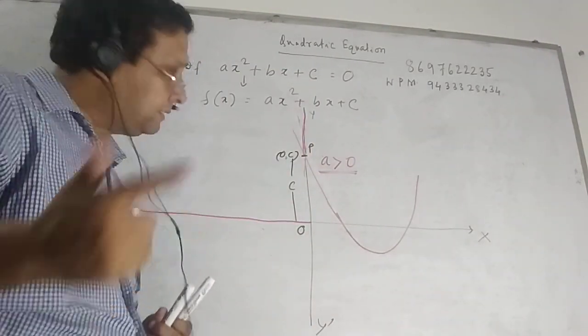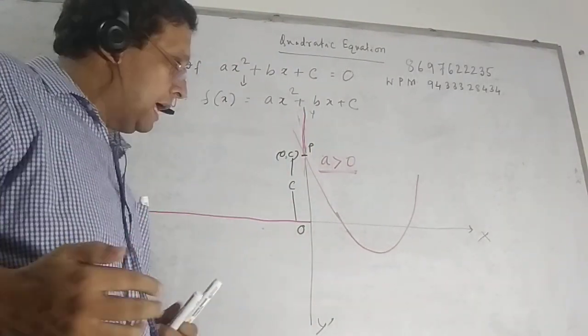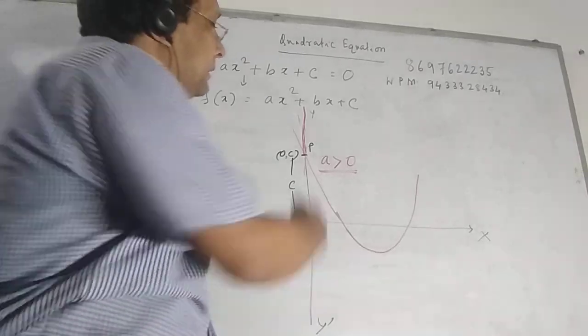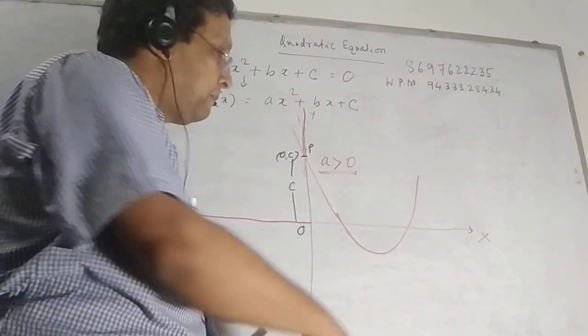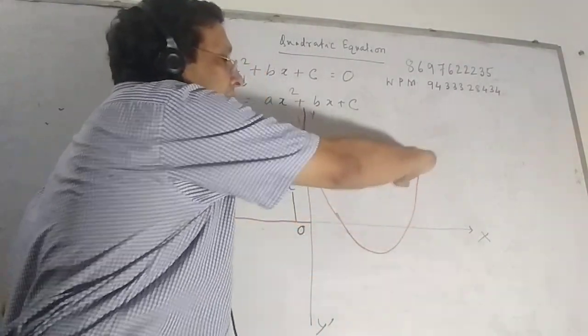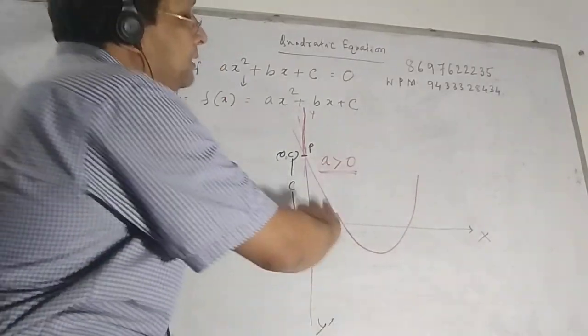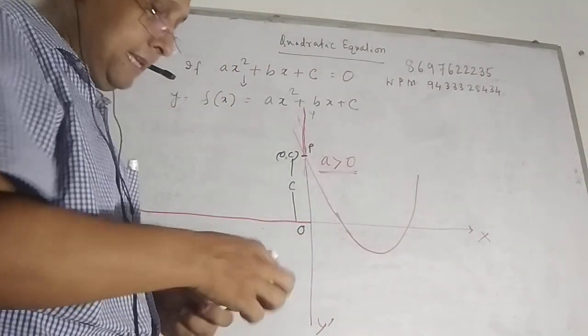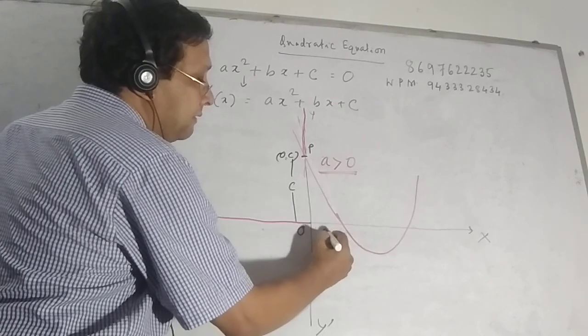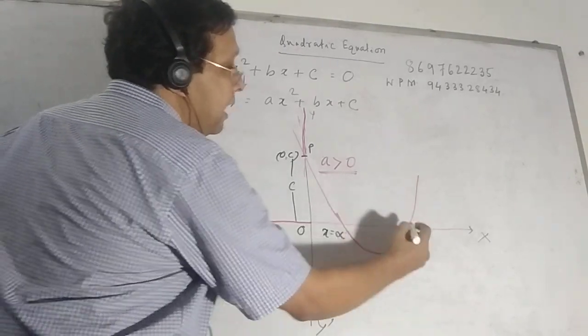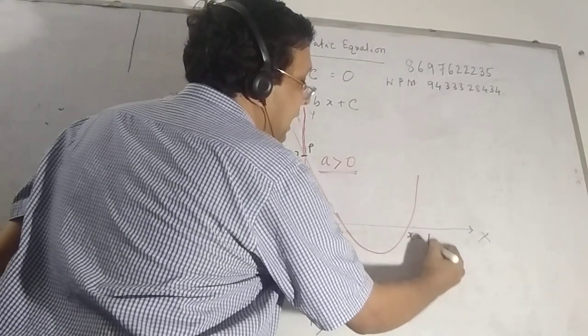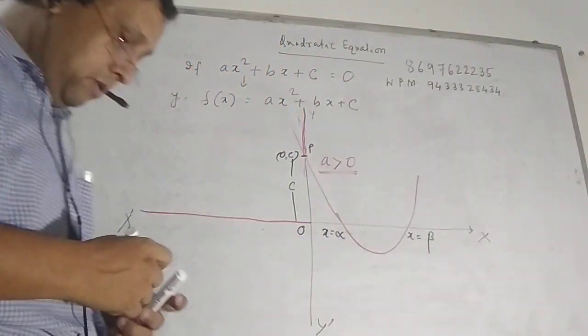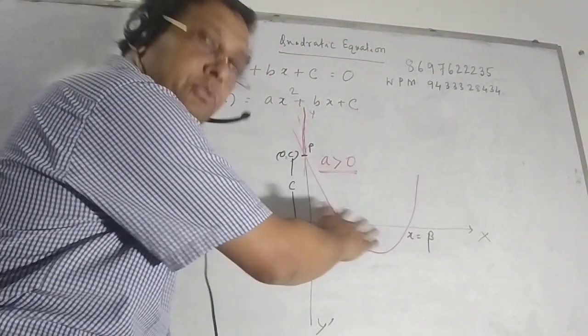Now the next question is, will this parabola intersect the x-axis? Here you see, the parabola has clearly intersected the positive part of the x-axis, at x equal to alpha and x equal to beta. Theoretically, these are distinct roots.